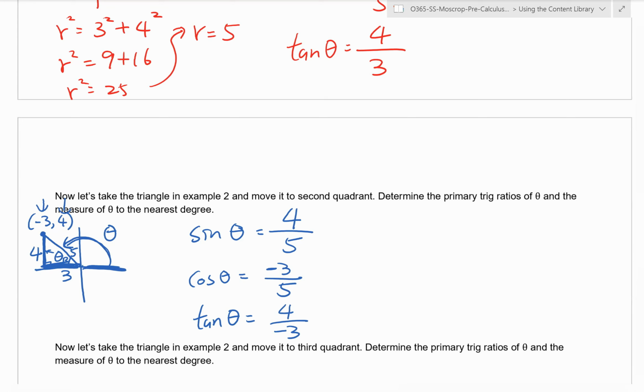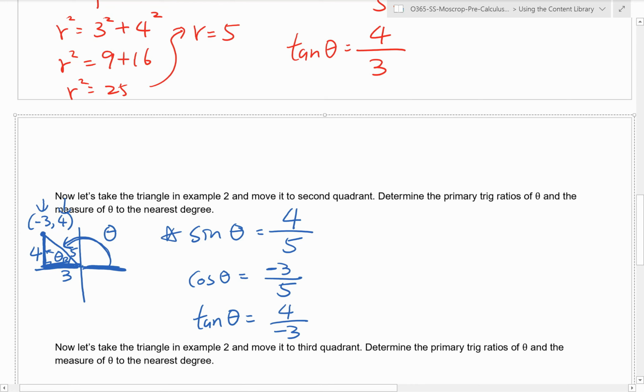And then it says we are looking for the measure of angle theta to the nearest degree. So same thing, I'm going to use this to figure out my angle theta. Now be careful, because the triangle is in the second quadrant. We used the reference angle to figure out the ratios.